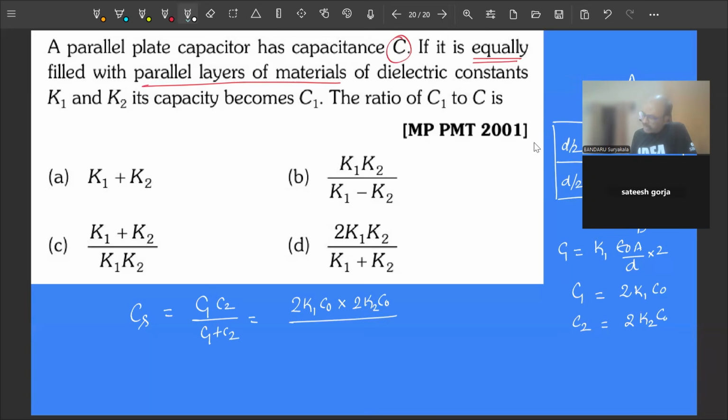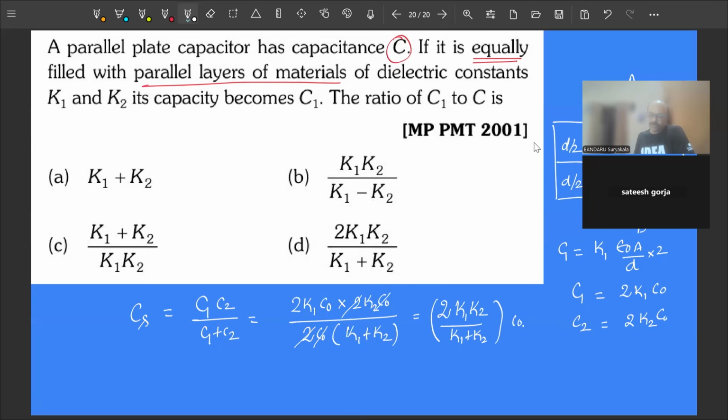So if you add these two, C0 is common, so we have K1 plus K2. Clear? So this C0 gets cancelled, 2 one time gets cancelled. It becomes 2K1 K2 by K1 plus K2 into C0.